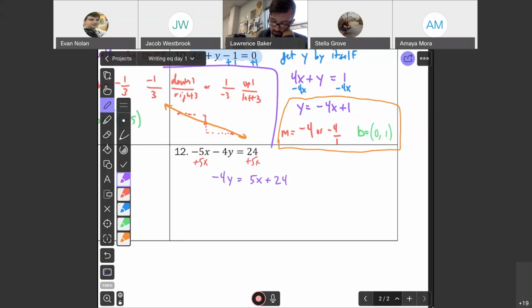Divide by negative 4. So y equals, and looking at that fraction here, negative 5 over 4 x. And then 24 divided by negative 4 is negative 6. So our slope is negative 5 over 4, and our b is 0, negative 6.